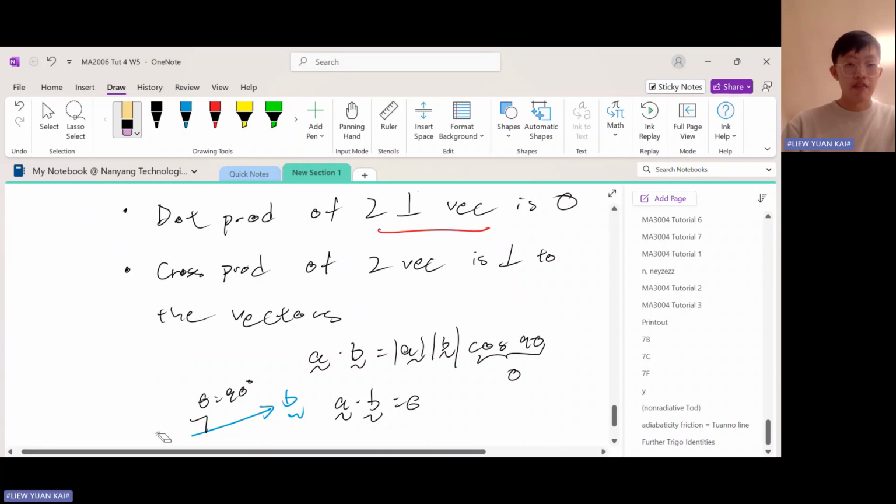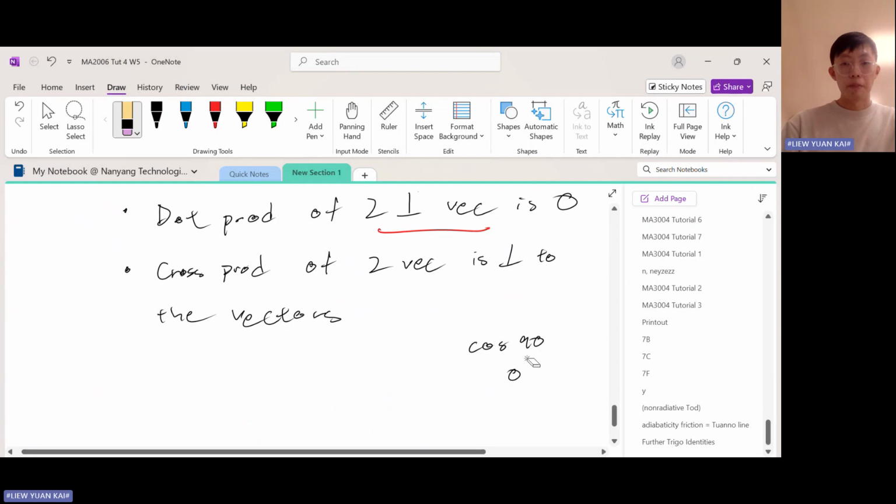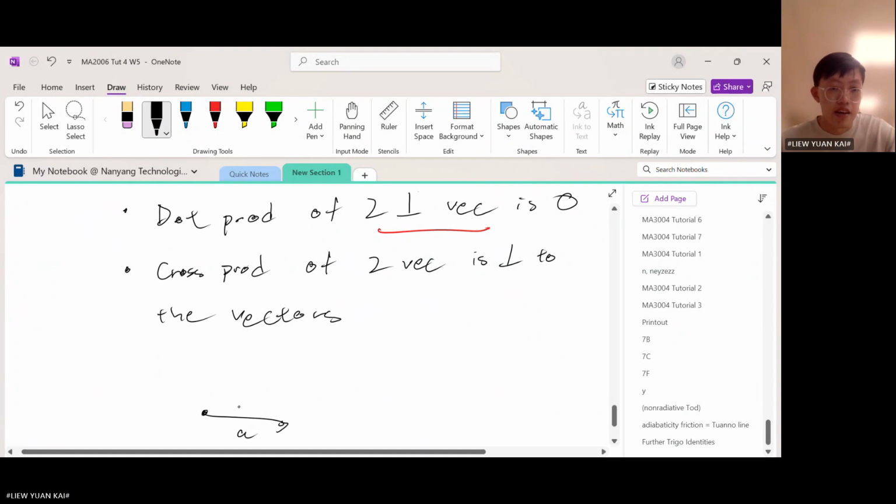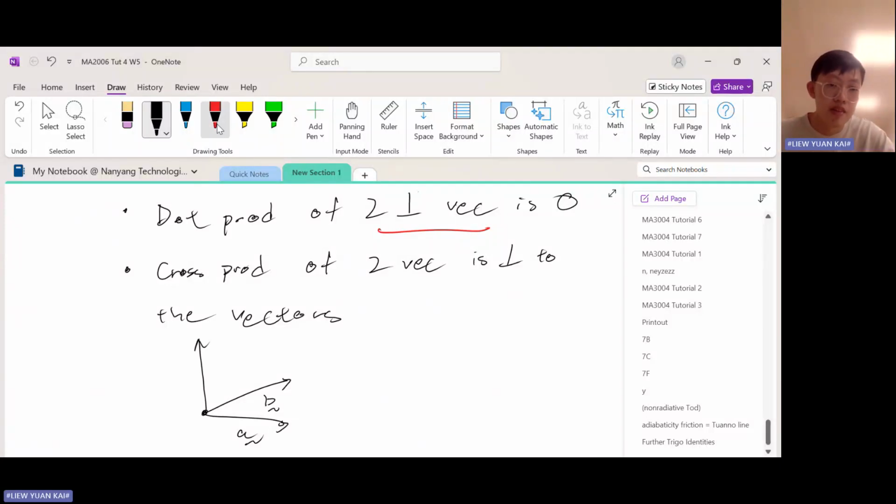Okay, then moving on, the second point. The cross product of any two vectors is perpendicular to the two vectors. So if I have any vector A and vector B, it doesn't matter what angle is between them, their cross product will be a vector that is perpendicular to both of them.